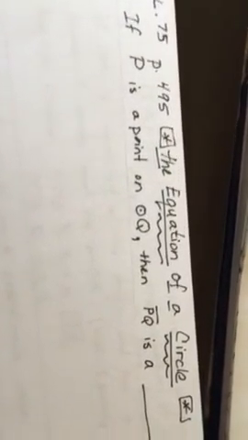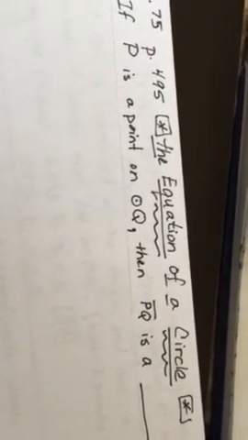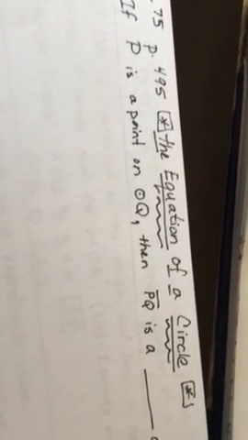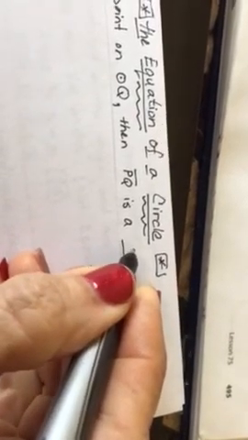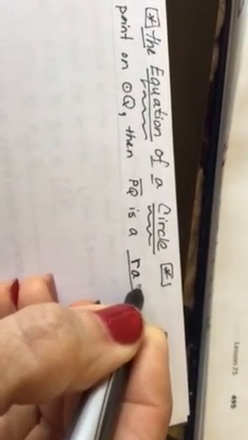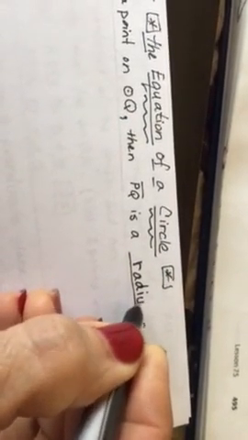You're back. If P is a point on circle Q, then PQ is a blank of the circle. I hope you said radius. Sure you did.